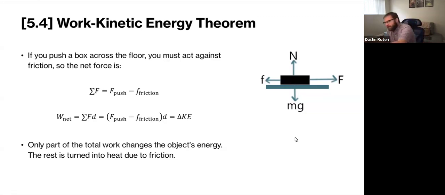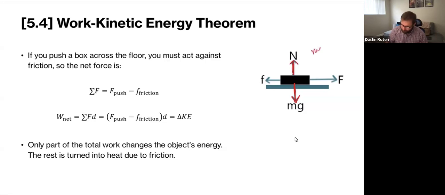Now, if we look at this diagram over here, we obviously have the weight of this crate or this box. It's coming down. It's not flying through the floor or anything, which means something's got to be holding it back. We know that's the normal force.